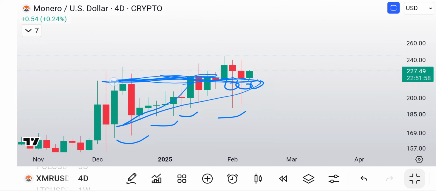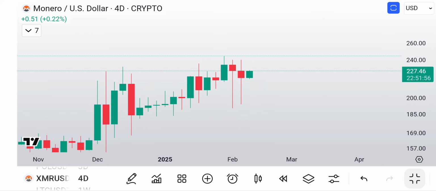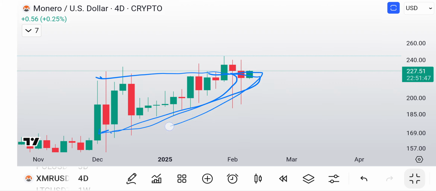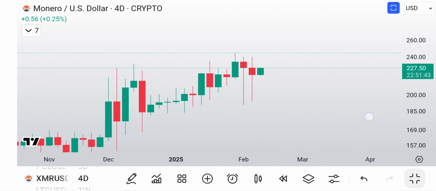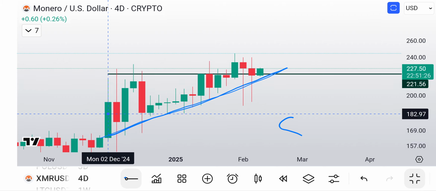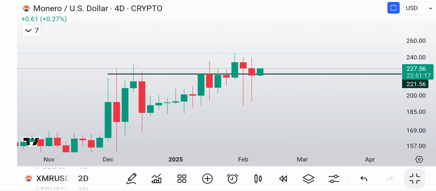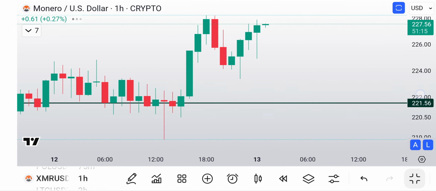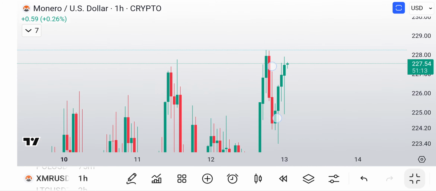So looks like maybe, if I draw that better, we have some kind of descending triangle right there. So maybe we're about to break soon. We'll see. We're kind of testing it right in here. Let's see if we can continue. If I zoom in a little bit. Whoa, look at that.